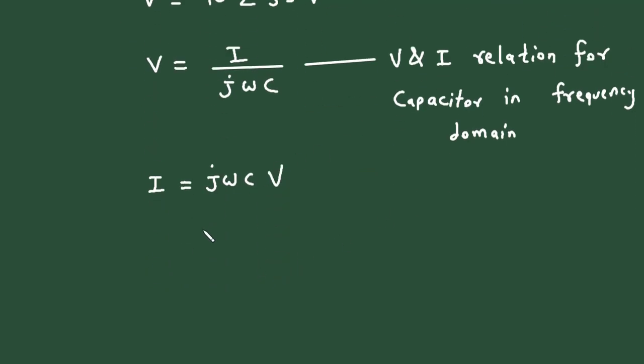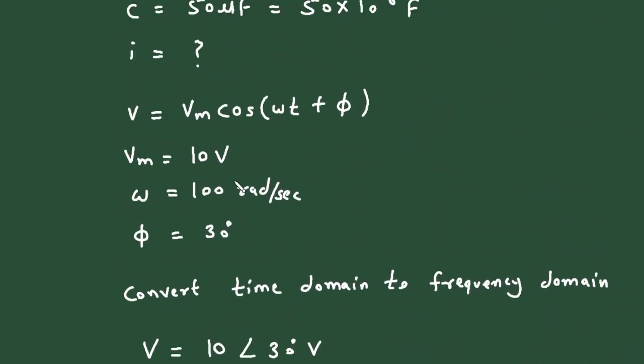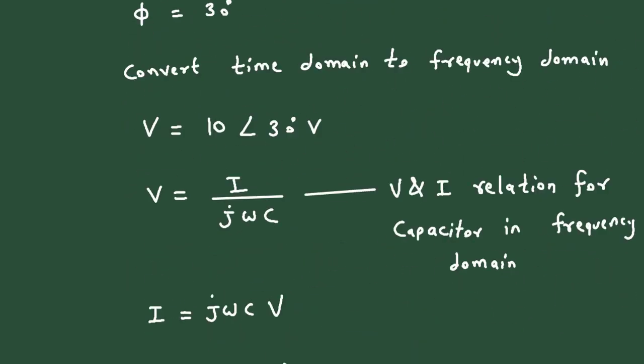Now here this j means 1 at an angle 90 degree, into omega. Omega is angular frequency and its value is 100 radian per second.